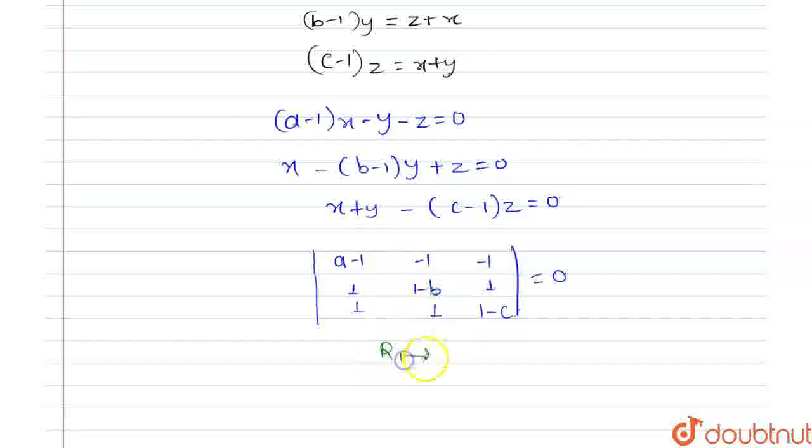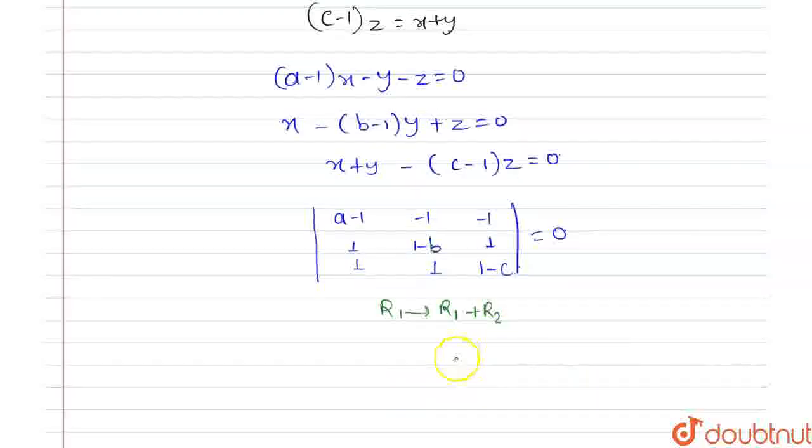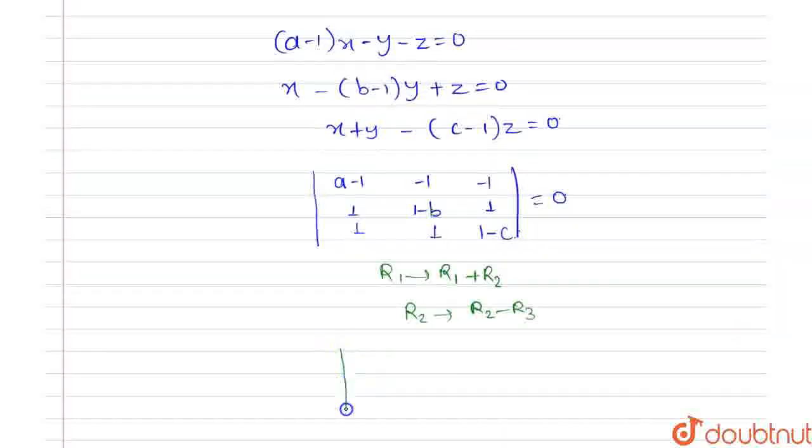So R1 equals R1 plus R2, and R2 equals R2 minus R3. Then the first row will be a minus 1 plus 1, that is a, then minus b, and 0. On the second row we have 0, minus b, and plus c. Now the remaining row is 1, 1 and 1 minus c, and its value is equal to 0.